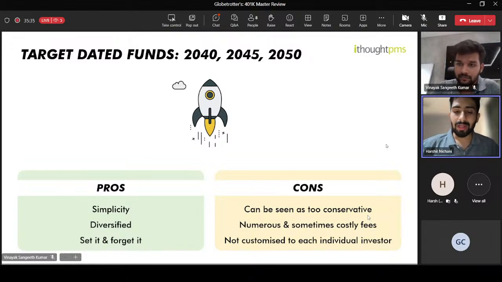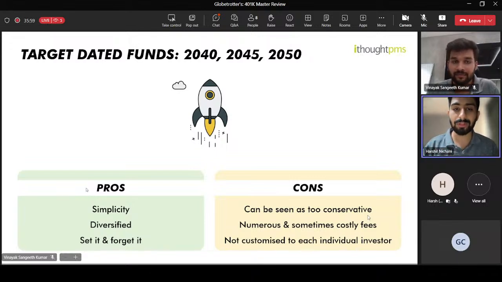But the flip side, it's not customized to your needs. That's the most important con, because it's not customized to how your life is, what your actual goals are, what's going to come up for you in the future, right? It's a template. When you're looking to save money, it's not one size fits all.